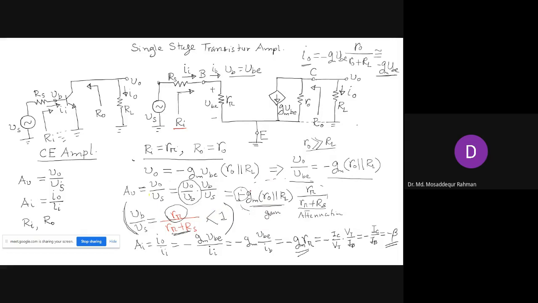It has two parts. This first part is this, and the second part is this. You see that r pi is basically our input resistance Ri. So if you have a low input resistance Ri, what is the implication? Low gain, sir. Low gain.